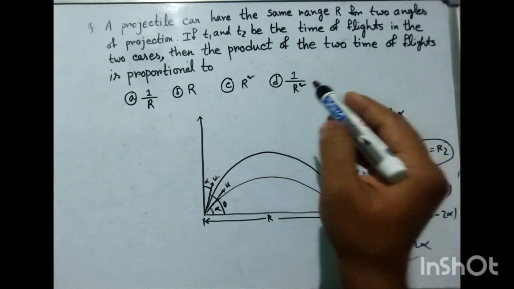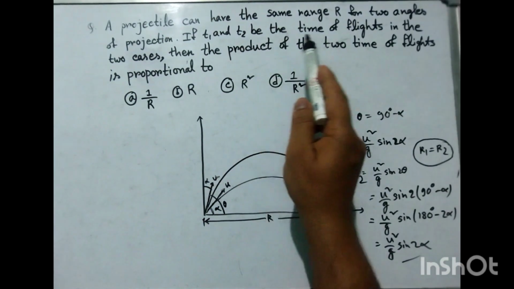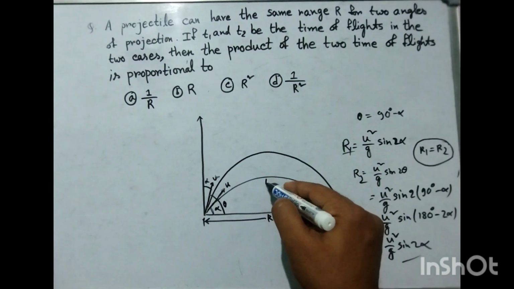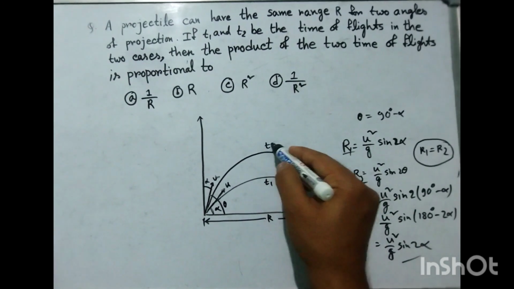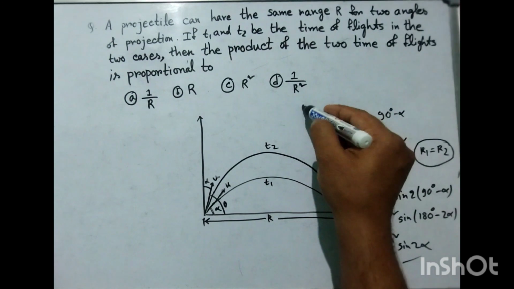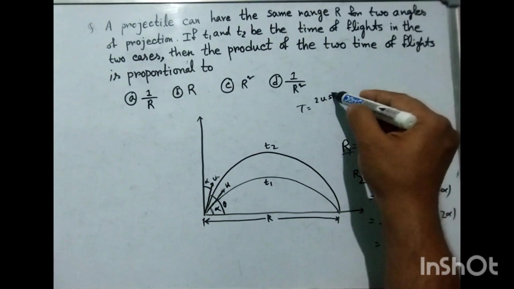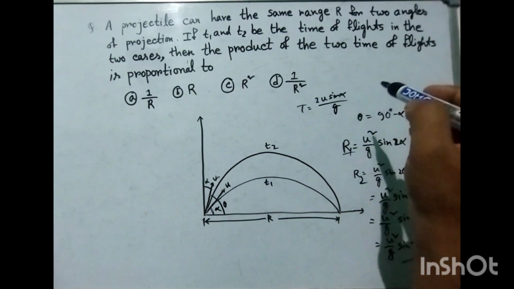Now it is saying that if T1 and T2 are the times of flight, suppose this time of flight is T1 and this time of flight is T2, and we know the time of flight formula is 2u sine alpha by g.